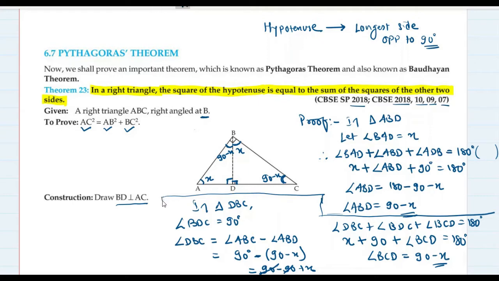Pause the video and note it down, because I need to now prove similarity. So please pause the video, note this thing down, that how I found all the angles of both the triangles ABD and BDC in terms of 90 and x.